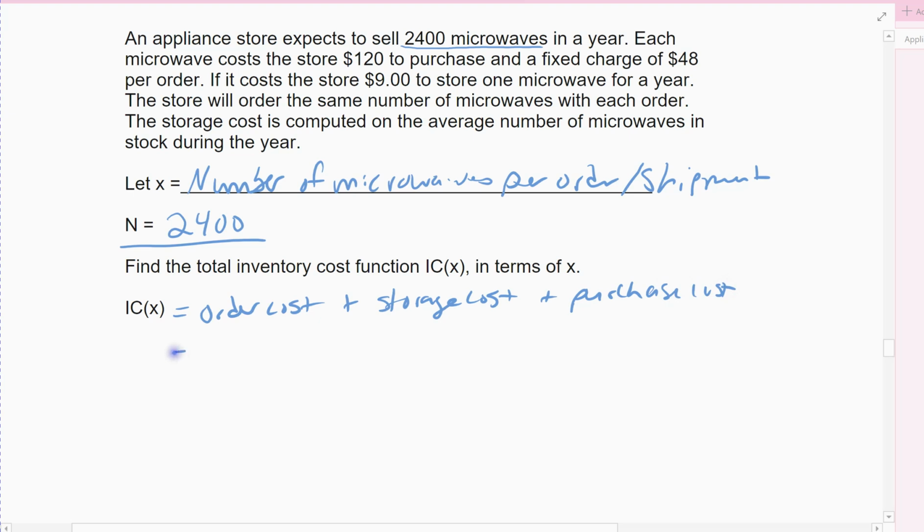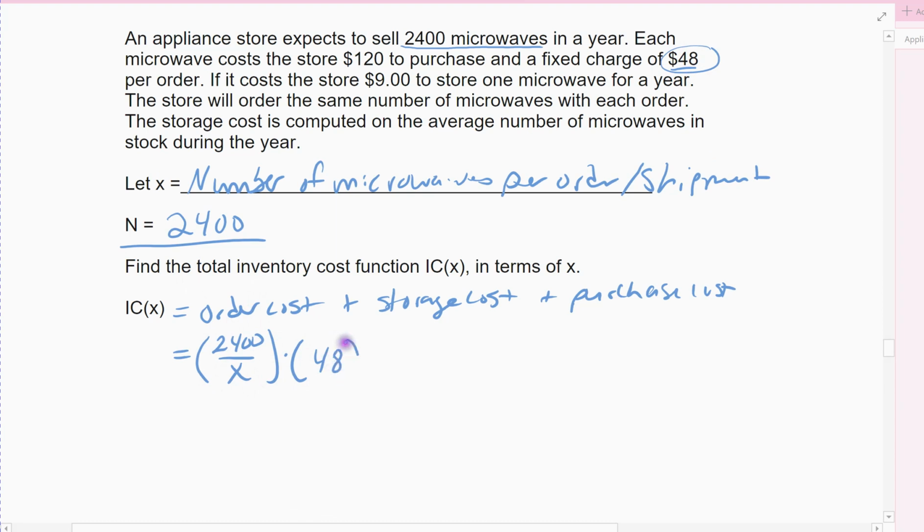The order cost comes from the number of orders. We want 2,400 microwaves, and we're going to ship X of them at a time. If we shipped them 10 at a time, you would take your 2,400 and divide by 10. So the ordering cost is always your total, 2,400 divided by X, times the cost per order. That's the number of orders, and it costs them 48 for each one.